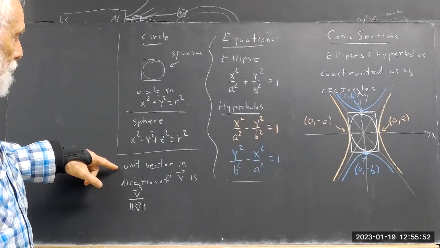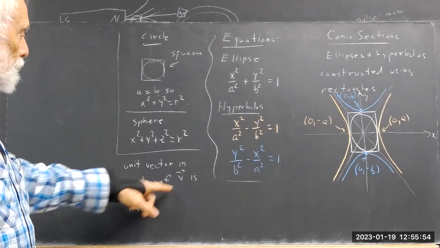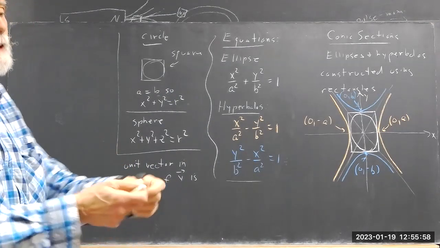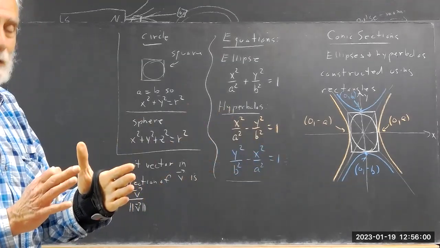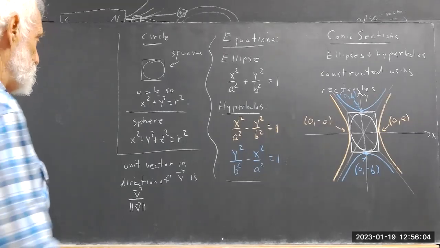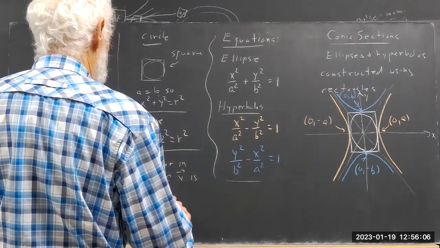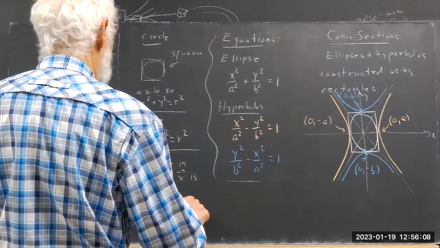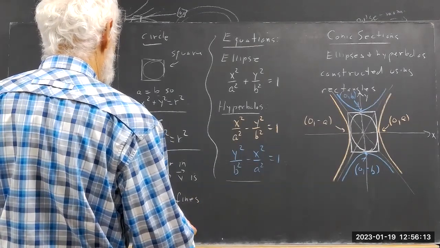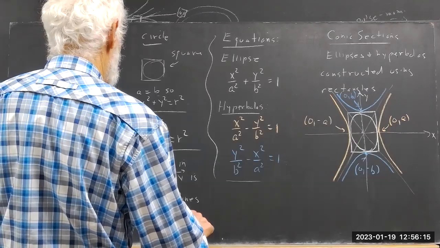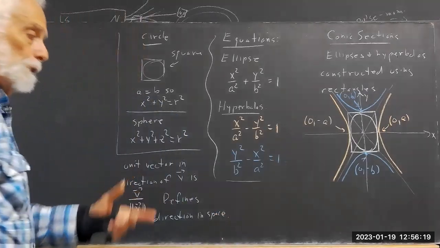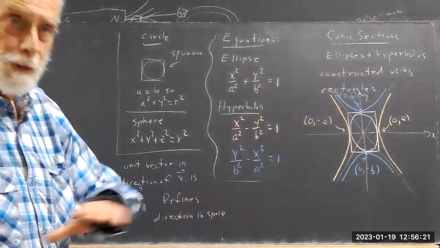Okay. Now, other things: the unit vector in the direction of vector v is v over its magnitude. You're just dividing an arrow by its length, which gives it a length of 1, which makes it a unit vector. It defines a direction in space, or in the plane if you're in 2 dimensions.